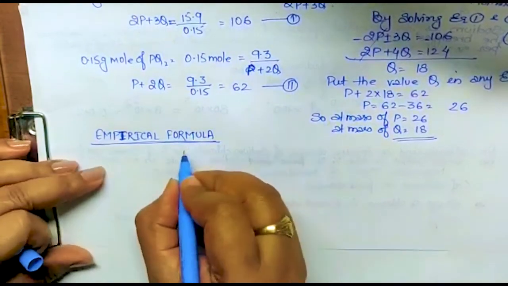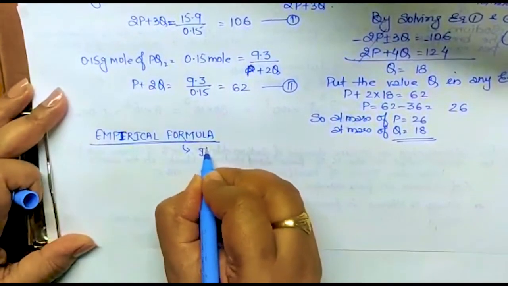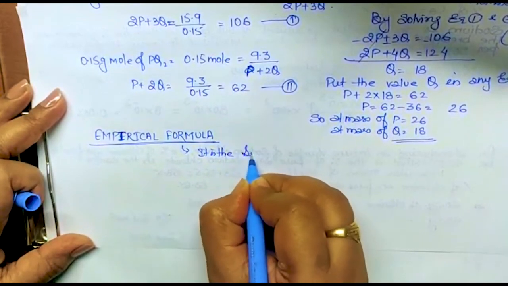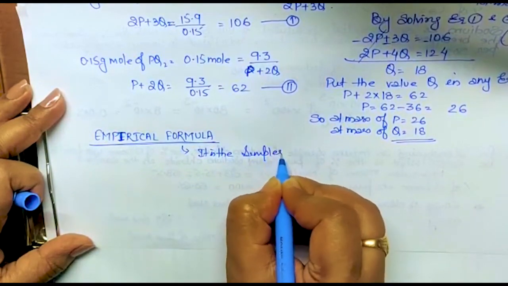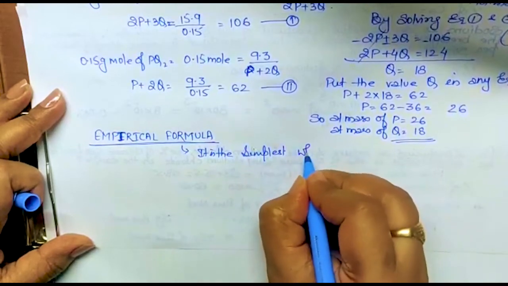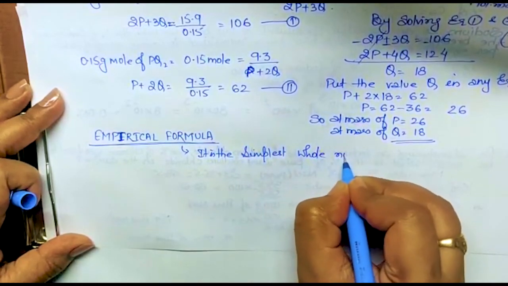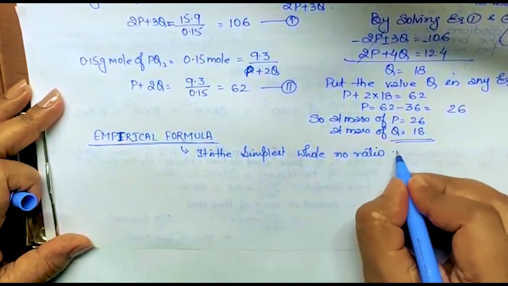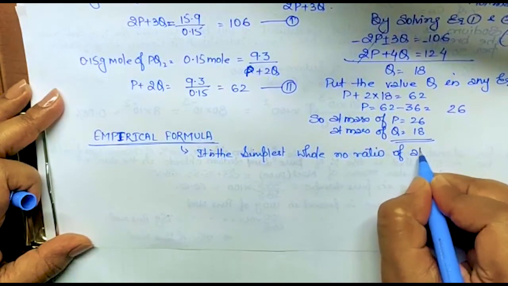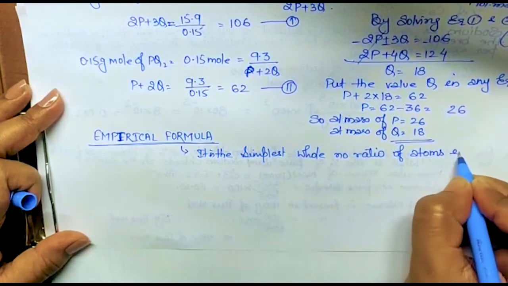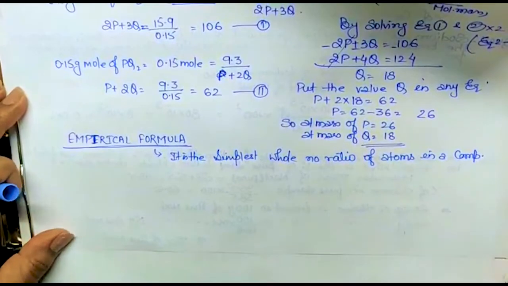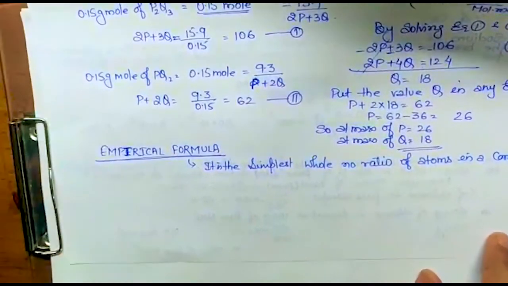So empirical formula is actually the simplest whole number ratio of atoms in a compound, okay?